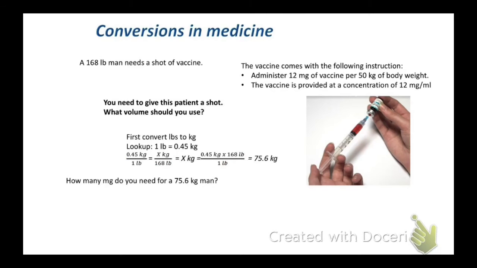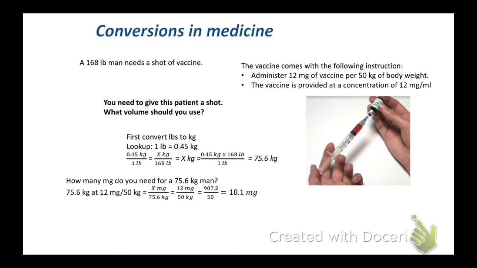Now, how many milligrams of vaccine do you need for a 75.6 kilogram man? So again, we're going to set up a similar kind of ratio. X milligrams, which is our target we're looking for, is to 75.6, as 12 milligrams is to 50. That was what we were given.